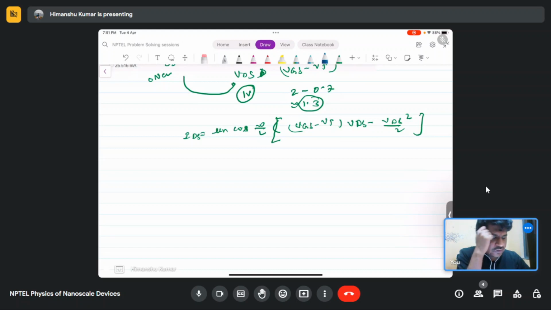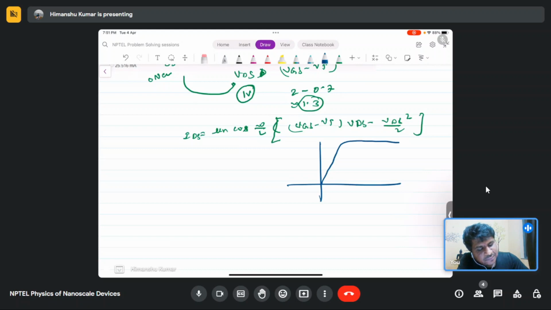If we draw the characteristics, what happens is that in the classical pinch-off region the curve becomes flat. After this you can apply directly the equation IDS equals half of mu n Cox W by L times (VGS minus Vt) whole square.